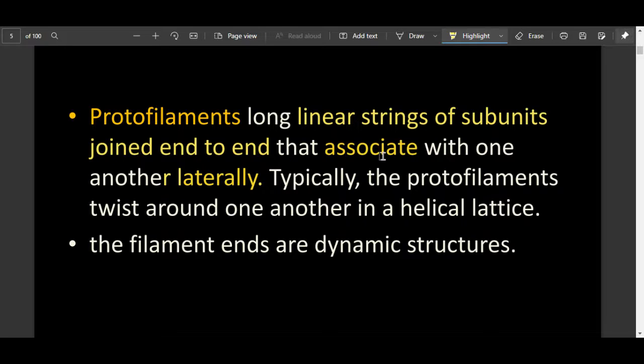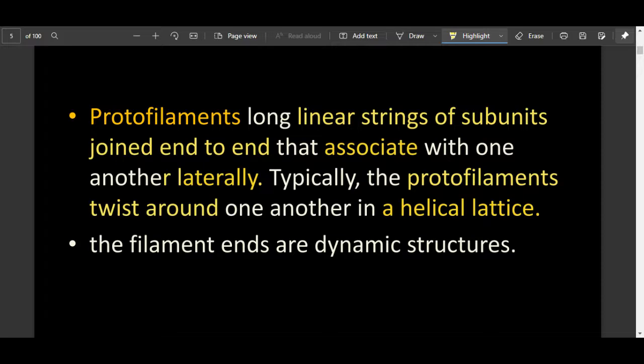Typically, protofilaments twist around one another in a helical lattice. The first thing: the protofilament is a long linear string of subunits. Second, they join end to end and associate with one another laterally.